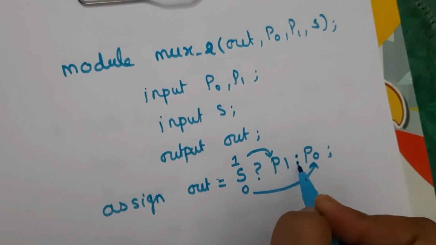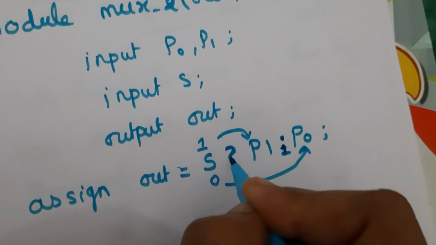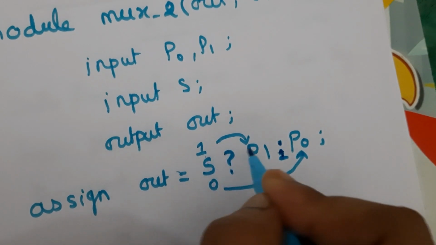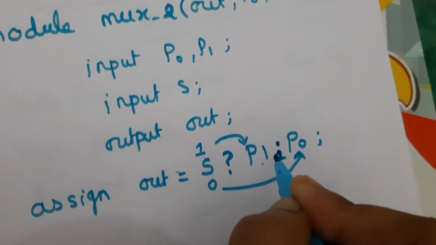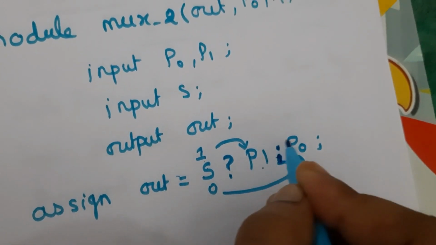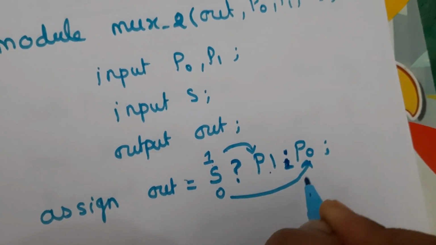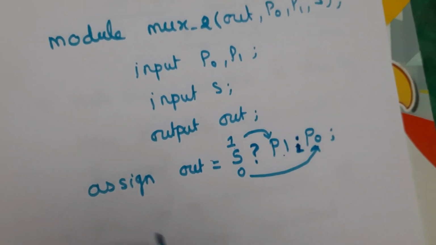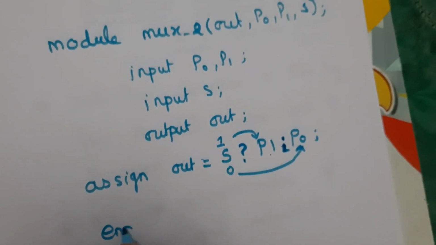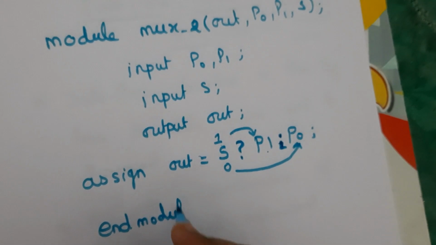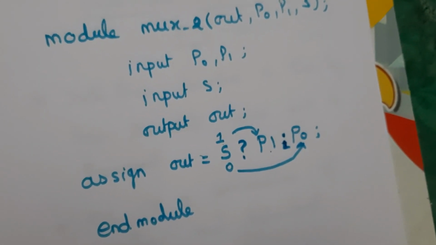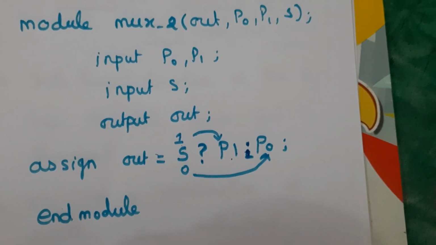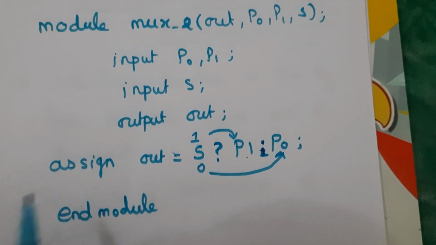The question mark checks whether S is 1 or 0. If S is 1, we get output P1, otherwise we get P0. So this is the conditional statement for a 2:1 mux in data flow modeling. Now just end the module. So this is the data flow modeling of a 2:1 mux using the assign keyword.